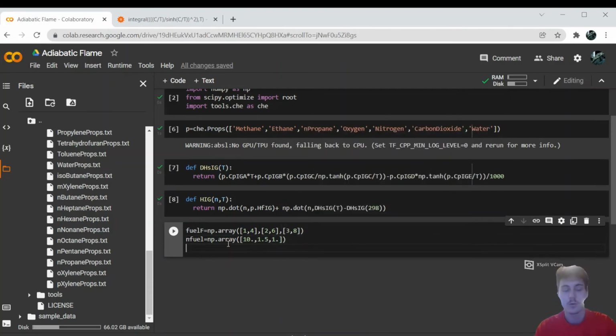And then now we need to do a matrix multiplication of, actually let me change this because that's not going to work, we'll just put an R there for fuel, for ratio I mean.